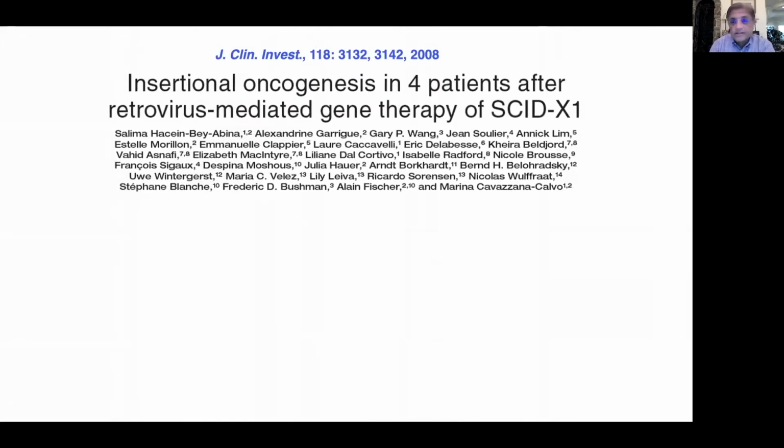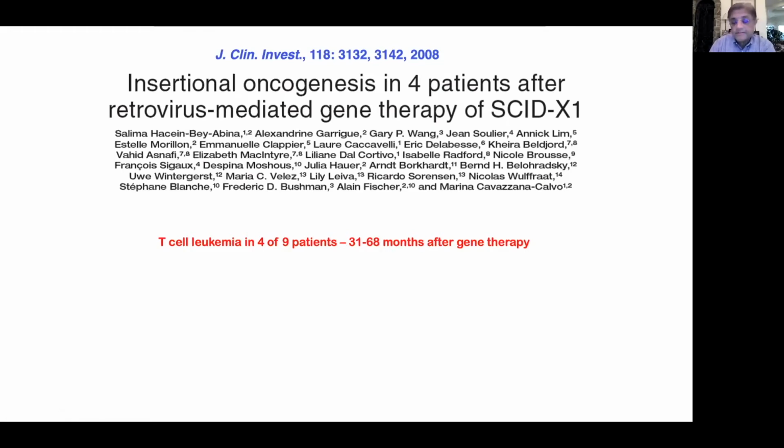This is a trial again done in France by Alain Fischer and Marina Cavazzana-Calvo. This time they saw T-cell leukemia in 4 out of 9 patients. So in 3 geographically different locations, same vector, same disease, several patients developed T-cell leukemia, with much longer follow-up, 31 to 68 months after gene therapy.